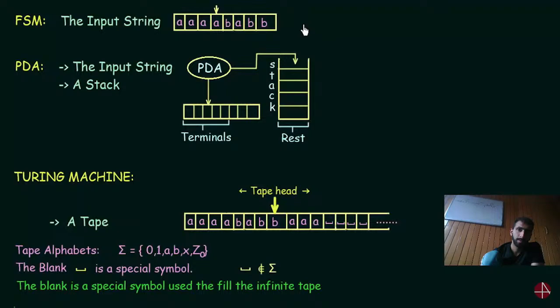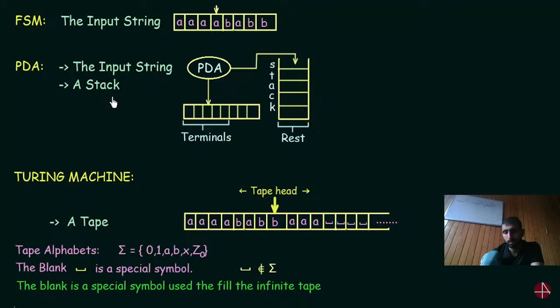And the class of languages accepted by finite state machines are the regular languages, and we already saw what are those regular languages. And coming to push-down automata, in push-down automata, the data structure that we had was the input string, and apart from the input string, we had a stack. So what made the push-down automata different from finite state machine was the presence of a stack.